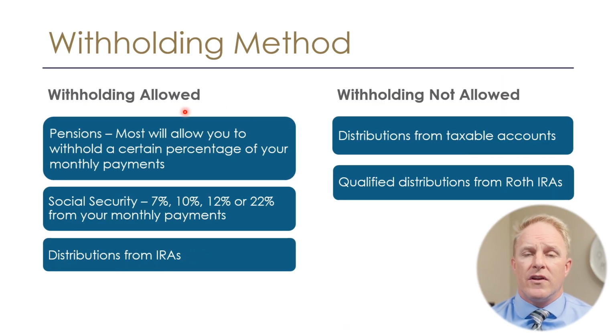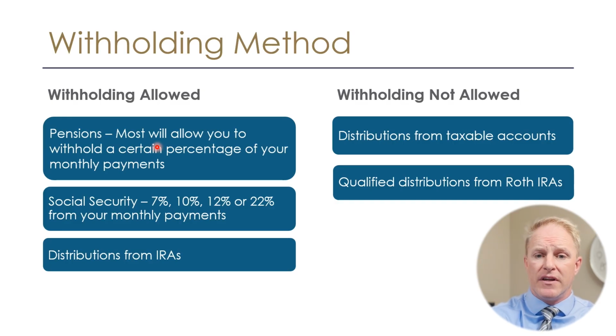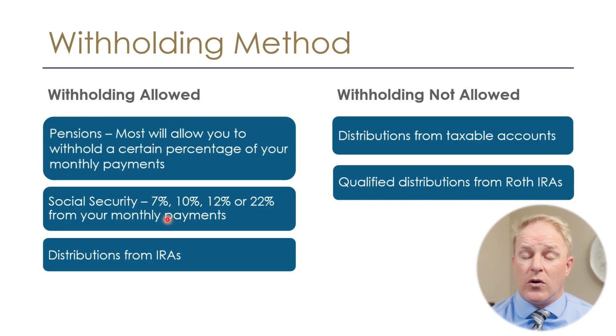With the withholding method, if you have a monthly pension coming in, most pension custodians will allow you to withhold a certain percentage from that monthly income, similar to your working years when you were having money withheld from your paycheck as an employee of an employer. Social Security will allow you to withhold 7%, 10%, 12%, or 22% from your monthly payments.